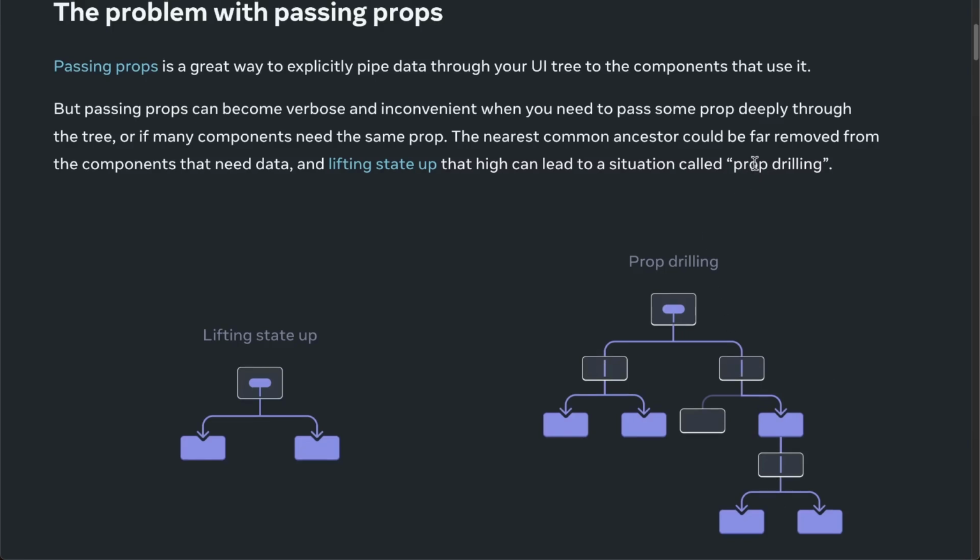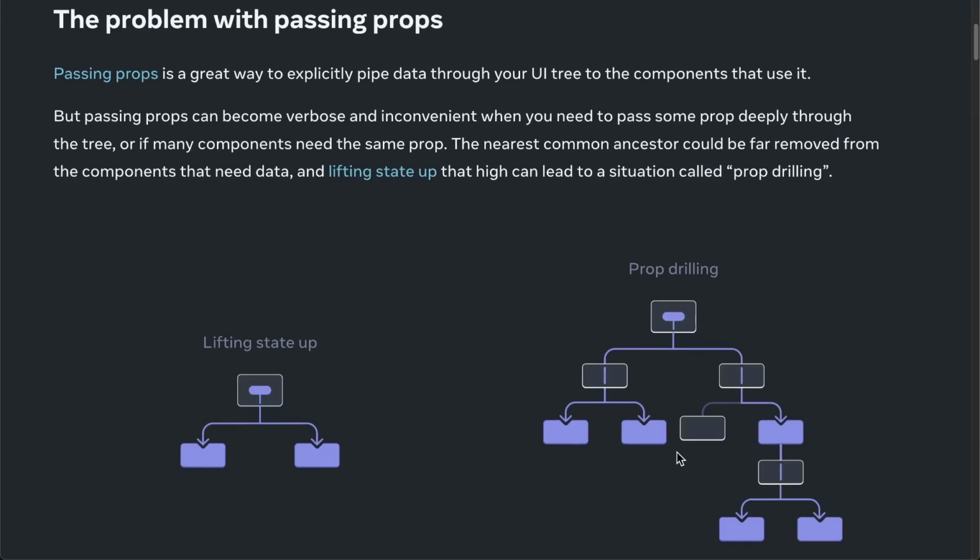That's the whole issue with prop drilling: it becomes very inconvenient and verbose, as they're mentioning, to pass props through multiple layers. I think it also makes it really hard to maintain that state when you're having to track it through several layers of your application, and it's going all through your component tree. And sometimes you're even passing it into components that don't even need it. They're just pass-through components, which generally can be a little tricky.